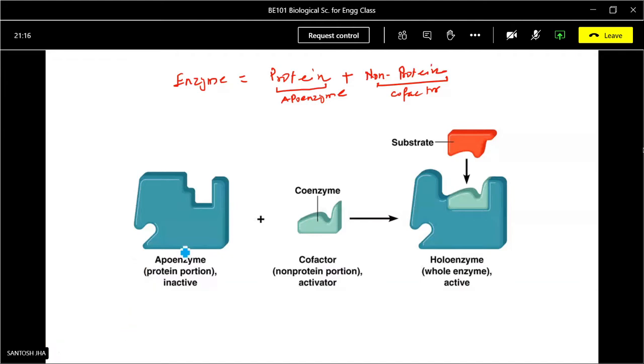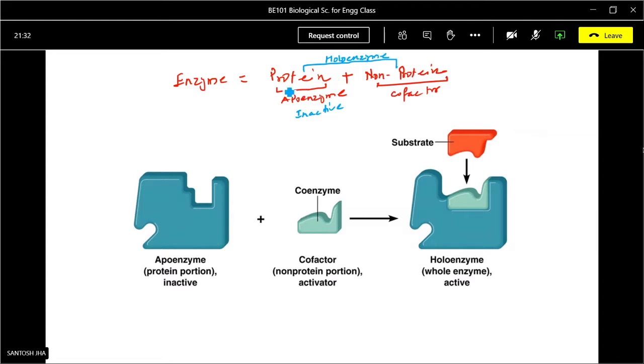Generally this apoenzyme is the inactive form of the enzyme, and when the cofactor gets combined, it forms the active enzyme. So this complete is known as holoenzyme.